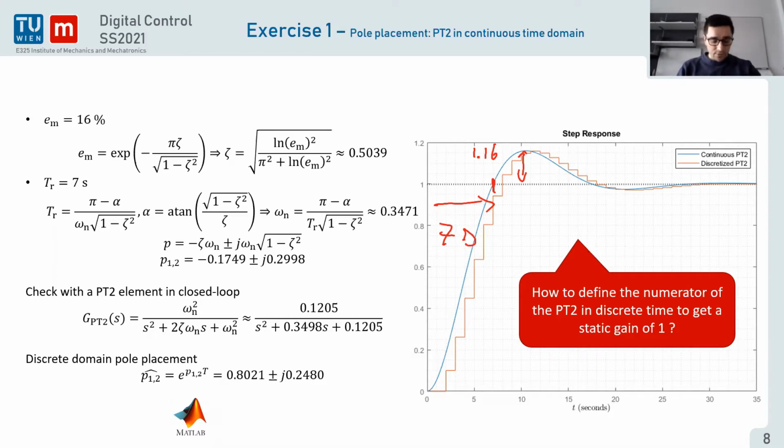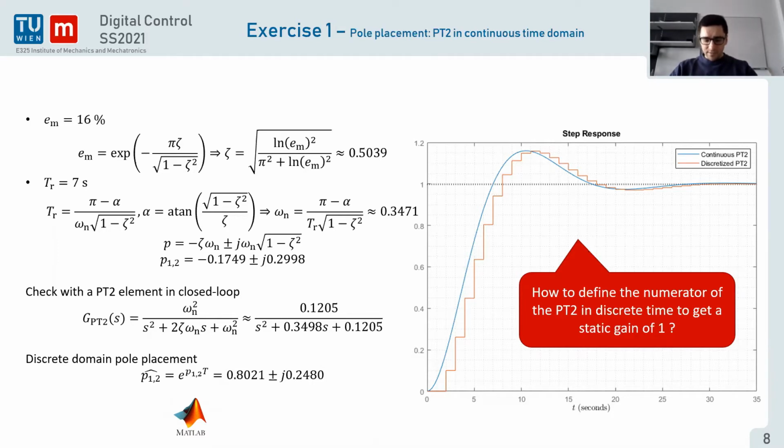I find that the discrete PT2 element should have 2 poles located at 0.8 plus or minus 0.25j, so that the poles in discrete time are equivalent to the poles in continuous time. I've also drawn the discretized version of this transfer function, the orange signal, which is a discrete signal.